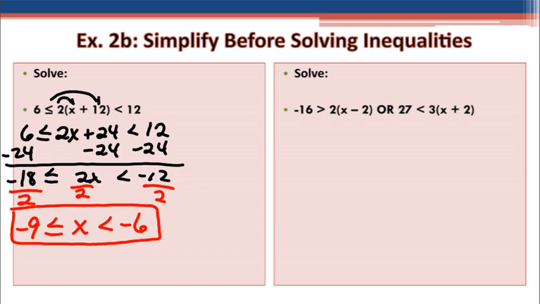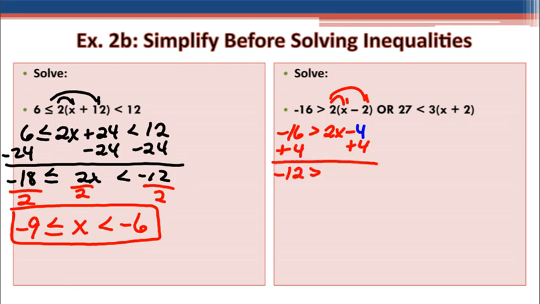Next one with this disjunction, distribute the 2. I have negative 16 is greater than 2x minus 4. To get x by itself, need to add 4 to both sides. I'm left with negative 12 is greater than 2x. To get x by itself, I divide by 2. And I have negative 6 is greater than x, or on the other side, need to distribute the 3.